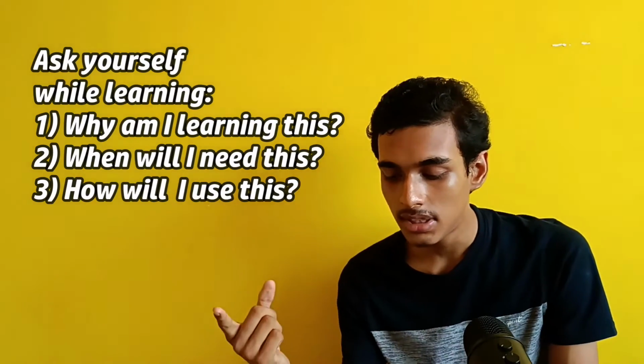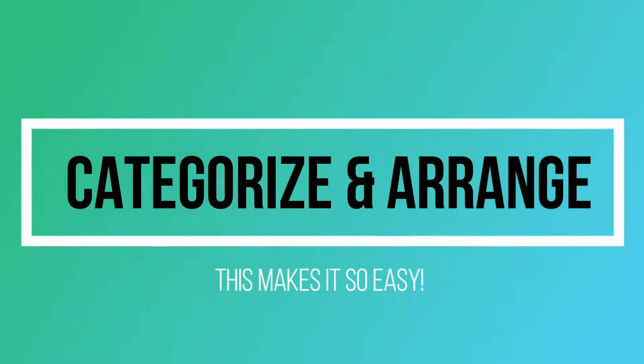ठीक है, पर डीप प्रोसेसिंग करने के लिए क्या क्या? Like the best way to process data easily for a human brain is to categorize and arrange data. ठीक है, or you can say structured information is easier to encode in the brain.